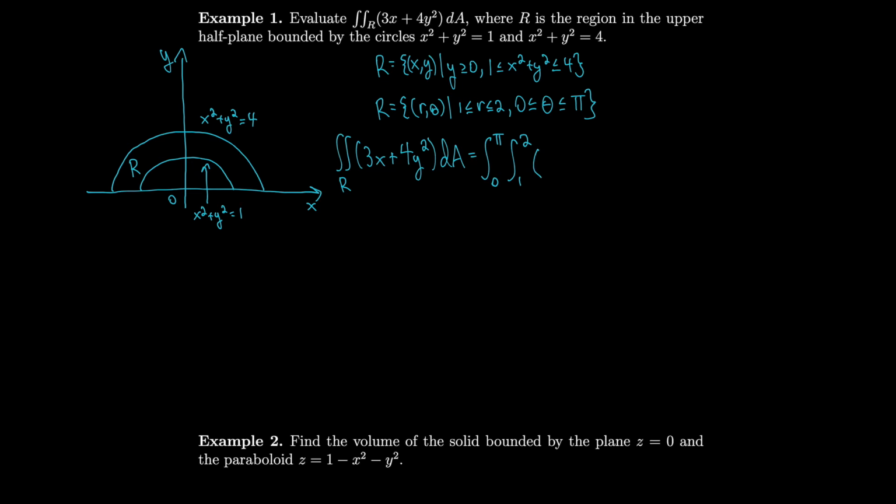And then 3x becomes 3r cosine theta because x is r cosine theta. And then 4y squared becomes 4r squared sine squared theta because y is r sine theta. And I can't forget my r dr d theta.